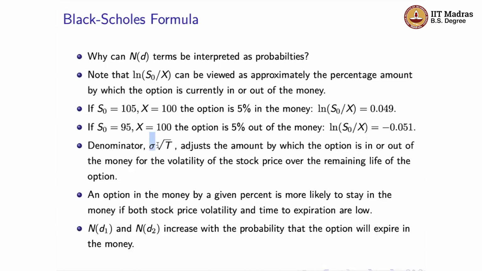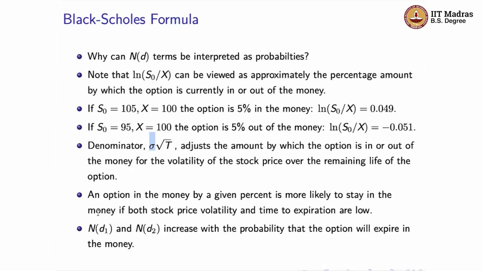So an option in the money by a given percent, which is roughly what you can think the numerator is saying, is more likely to stay in the money if both the stock price volatility and the time to expiration are low. So if both sigma and T are low, then whatever the numerator is saying is likely to continue to hold. Otherwise, this would be flipping if the volatility goes up and so on.